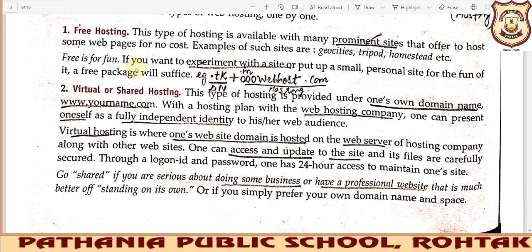If Google were establishing itself on Blogger, let us say, it would be www.google.blogger.com. That means this Google website has been established on the Blogger hosting. So if you want to go for free hosting, then the domain name will include that particular website name. If you want to establish your own domain name with your own website, you need to pay to a particular hosting website.